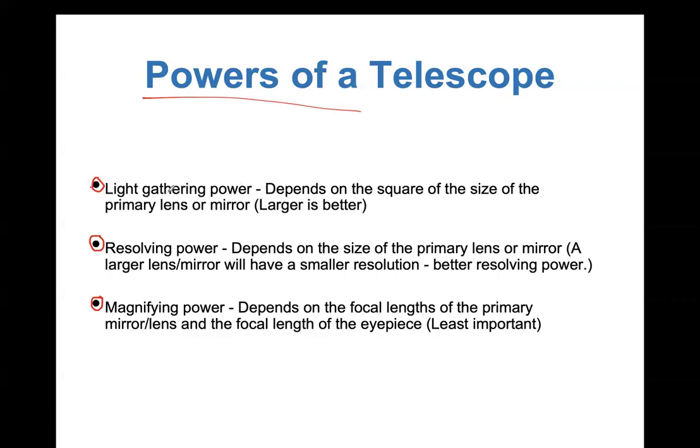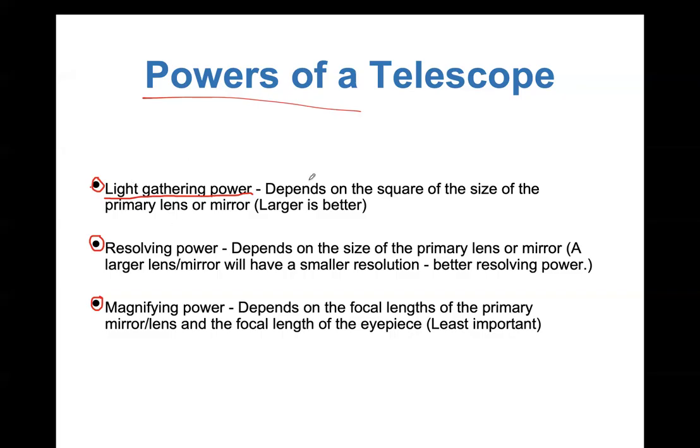So let's talk about the first one, which arguably is the most important, although often not the first one that people who are not astronomers, or builders of telescopes, think of. And that's light gathering power. All right. So this ability of telescopes depends on the square of the size of the primary lens or mirror, and larger is better.